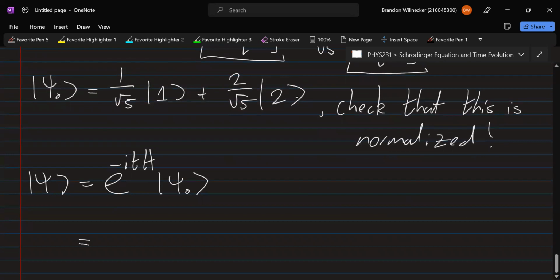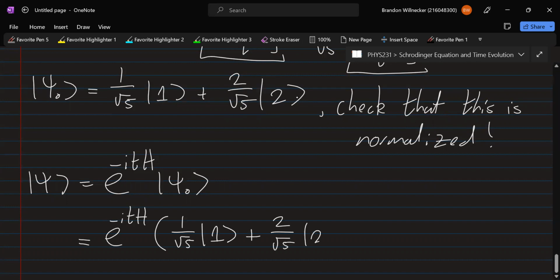So this is e to the minus iHt times 1 over root 5 |1> plus 2 over root 5 |2>.